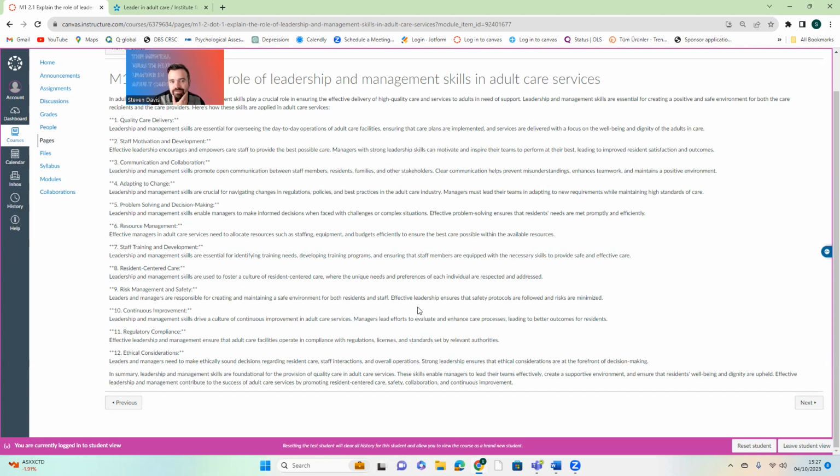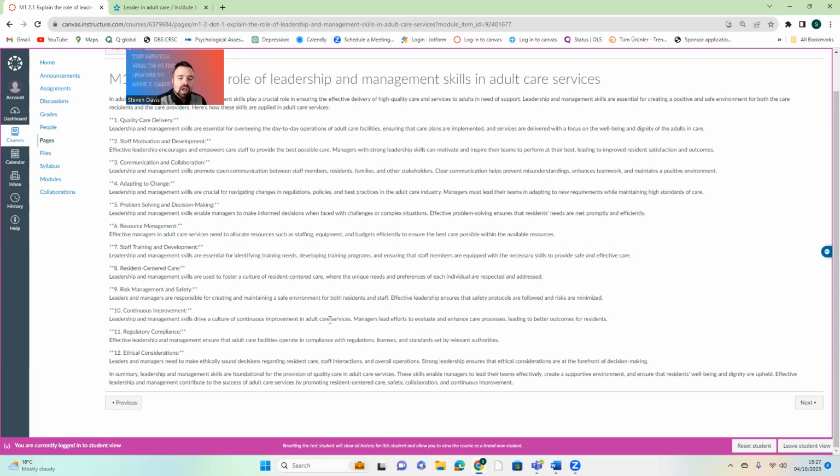It's to do with money and finance. Sometimes, when you want to win people around, just being open with people helps. Say, look, we need to do this because the CQC state we need to, because our policy says we need to, because the financial implication is this. And when people understand the change, they're more likely to be on board with it because they understand the consequence of it.